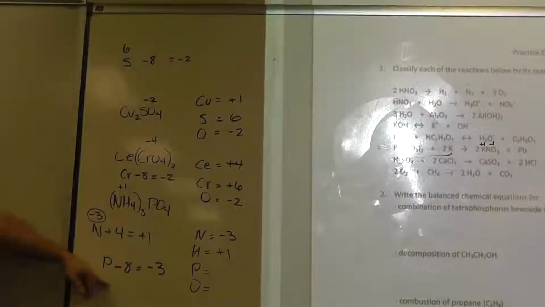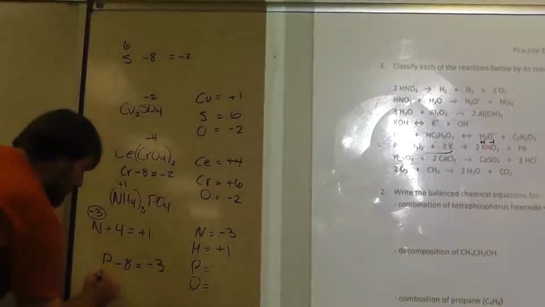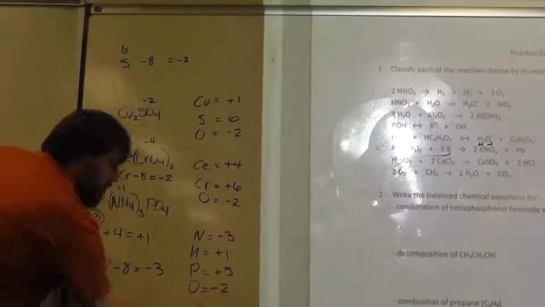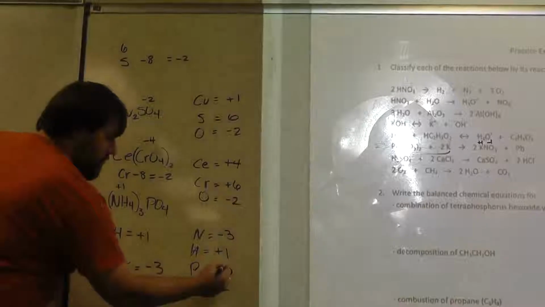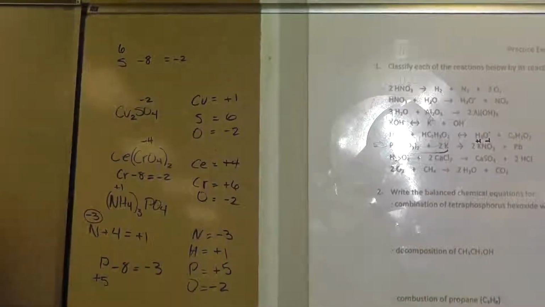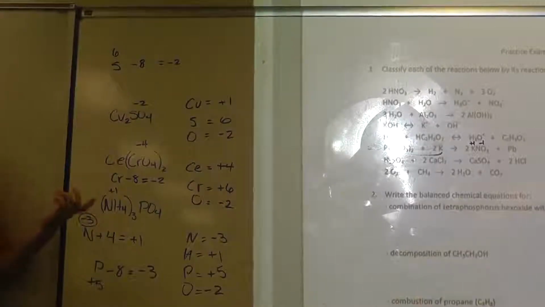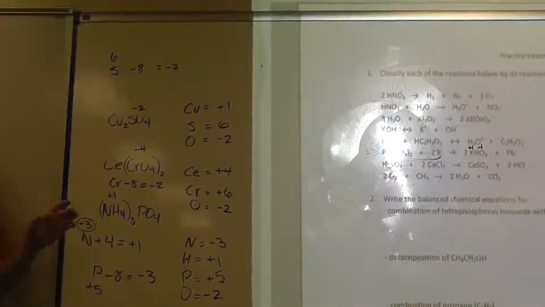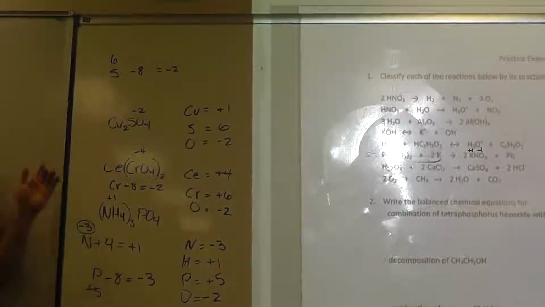So then, what with -8 gives us -3? +5. Is that a little bit better? If you're really struggling with these polyatomics, break them down algebraically like that, and you're going to see it. As soon as you write this, I could see half of you go 5, right?